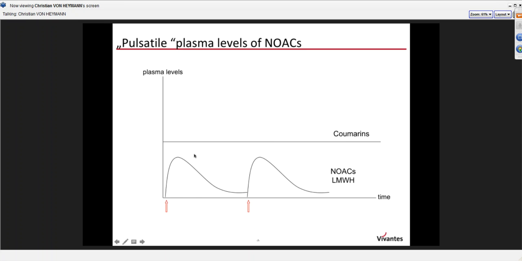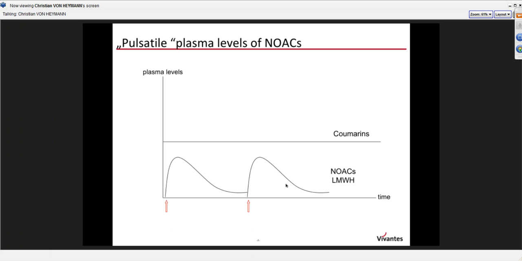Compared to the NOACs, you can measure a very typical feature of plasma levels, with a peak level and a trough level, and after the trough level the next intake of the drug is scheduled, and then you have a peak level and a trough level again. So we have a completely different pharmacokinetic between coumarins, vitamin K antagonists, and NOACs and low molecular weight heparins.